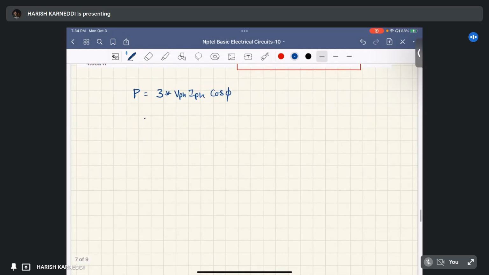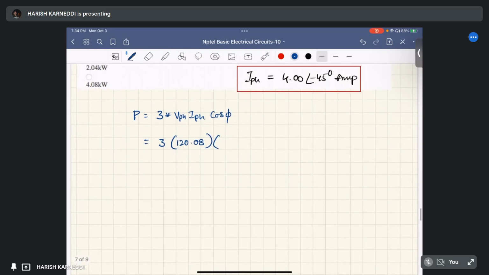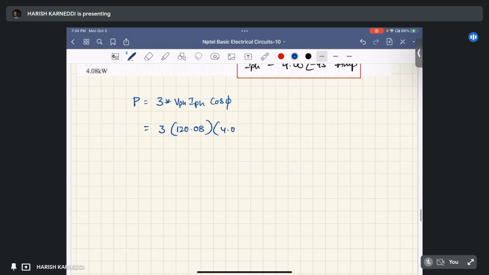Here V phase is 120.08 RMS value, I phase is 4 in magnitude, RMS value, and the angle between V phase and I phase is minus 45 degrees.